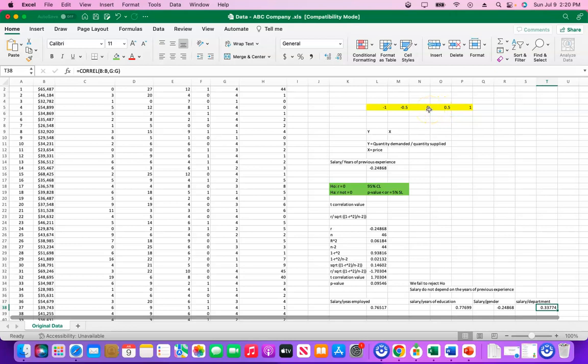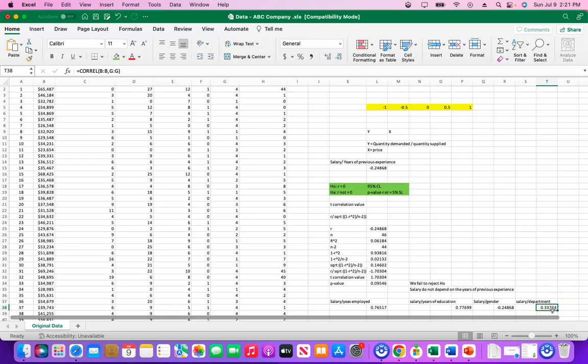As we said before, if correlation is between 0.5 and 1, then that correlation is significant. But when it is less than 0.5 and below, then we can say that it's not significant. And so with that conclusion, we could say that this correlation may not be significant.